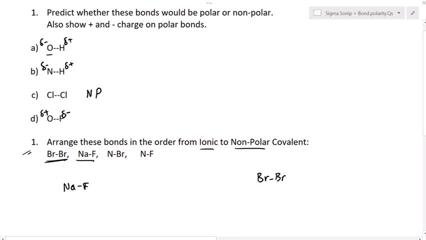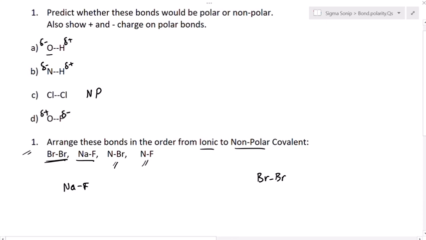So this is my scale. On the left hand side I got the very polar bond, which is ionic. On the right hand side I got a non-polar bond. Now these other 2 remaining bonds we need to place in between. So we need to see where the difference in electronegativity is bigger in these 2 cases.